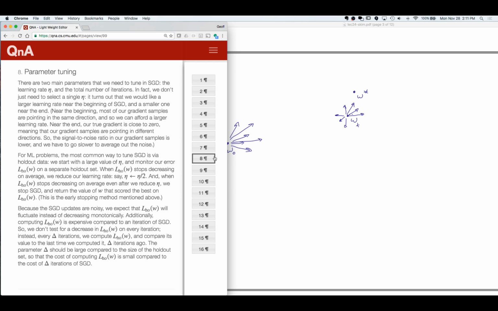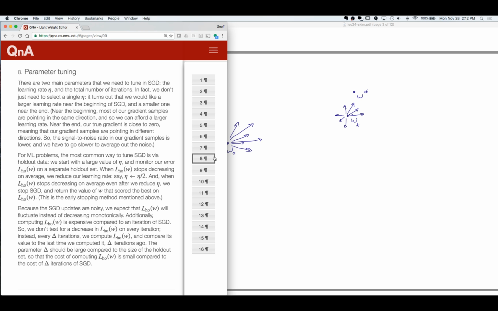All right, so we initialize W, we initialize eta, we repeat the update: randomly select a training example, compute the gradient of the loss just on that training example, and take a step in the direction of the negative gradient. Then every capital delta iterations, we evaluate the loss of our current W on our holdout data, and if that loss is decreasing, all good.